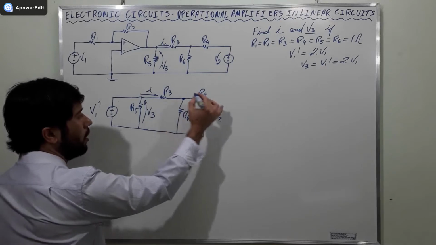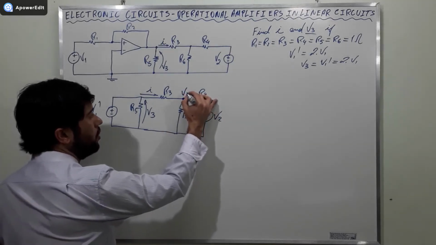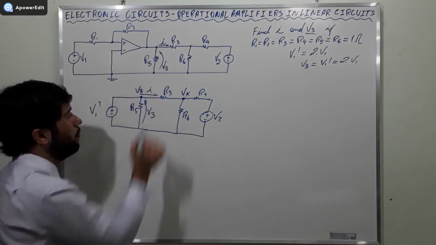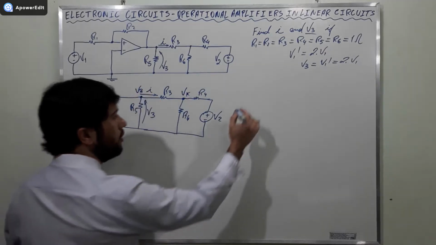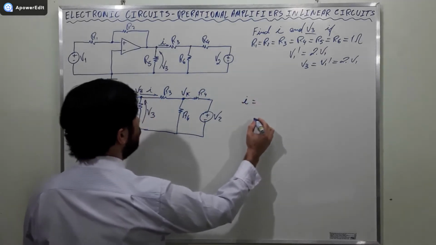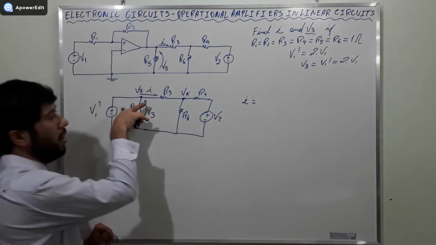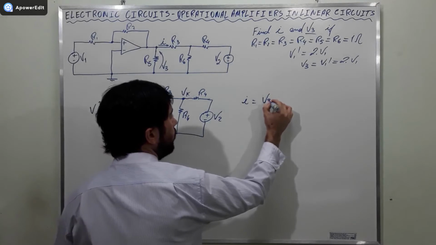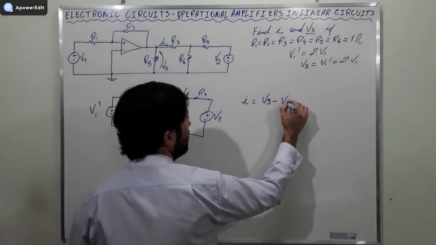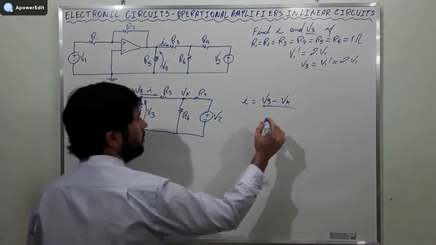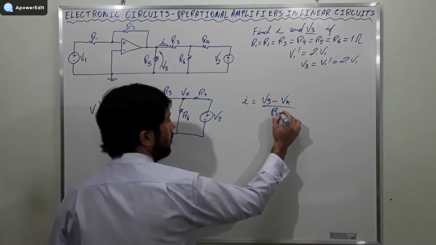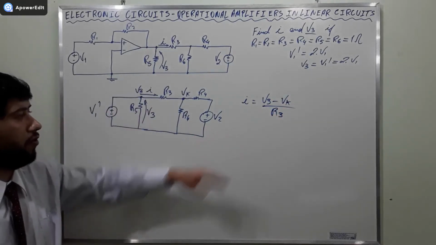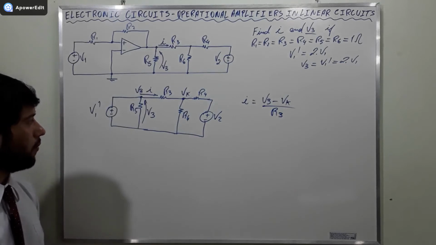I'm going to call here Vk just to help us calculate, and here I'm going to call V3. And the current can be written as I equal to, as the current is going this direction, V3 minus Vk divided by the resistance R3.